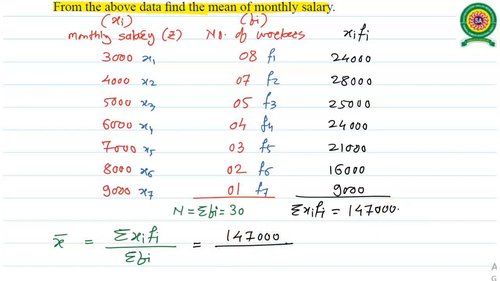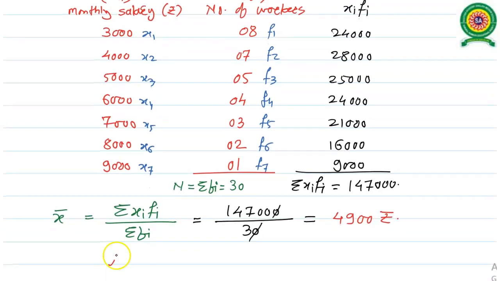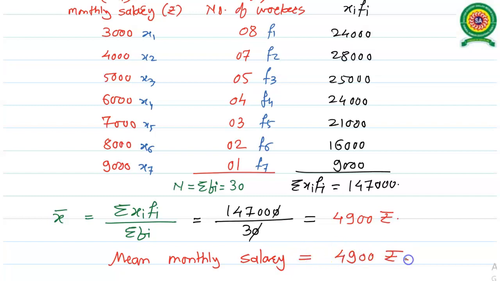That means 1,47,000 divided by 30. 10 from numerator and denominator gets cancelled. 3 4s are 12, remainder is 2, generates 27, 3 9s are 27, so we have 4,900 rupees. So the mean monthly salary of a worker is 4,900 rupees.